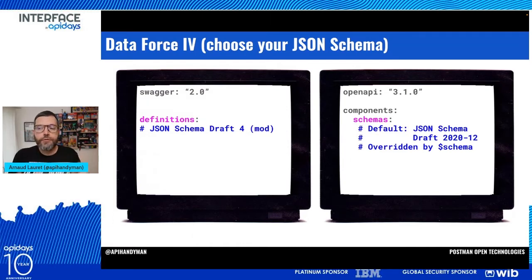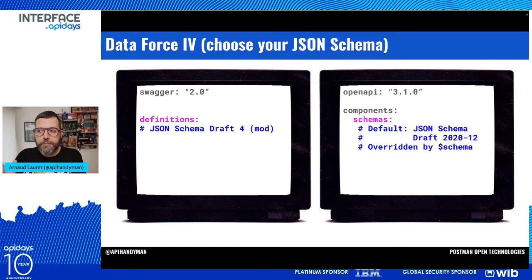So if you want to use an older version, you can, but if a new version of JSON schema is released, you will be able to use it in your document by indicating in $schema the version you are actually using. Obviously, that means the parser you use needs to manage that version. But that way, that makes the specification future-proof.